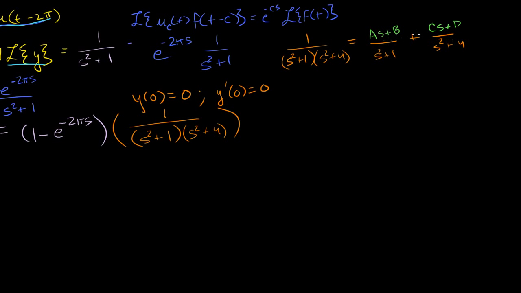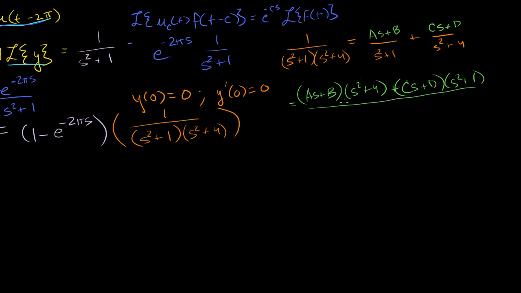And so when you add these two things up, you get as plus b times s squared plus 4, plus cs plus d times s squared plus 1, all of that over the common denominator, right?